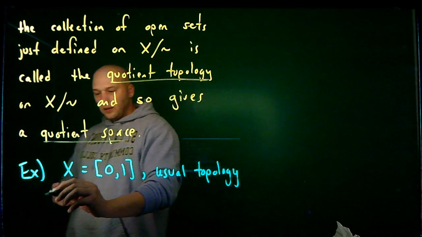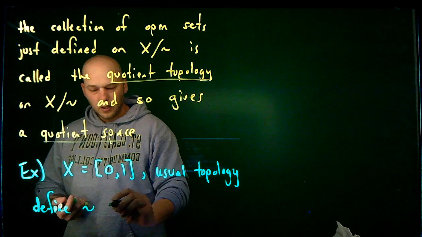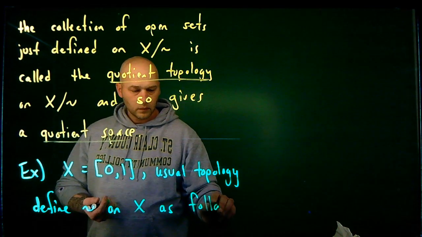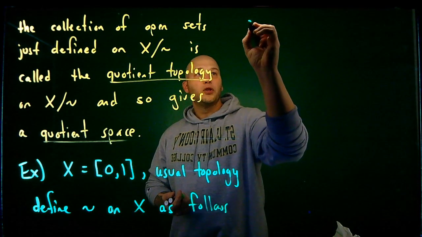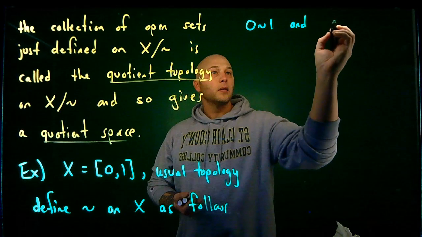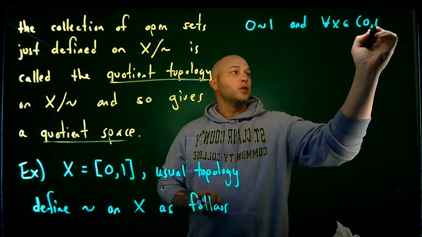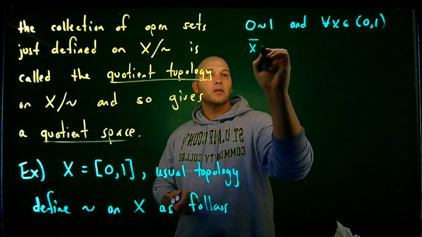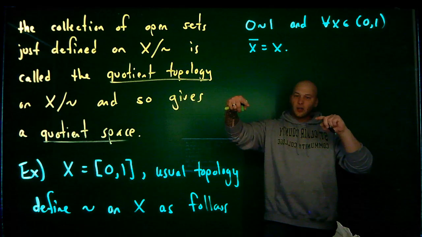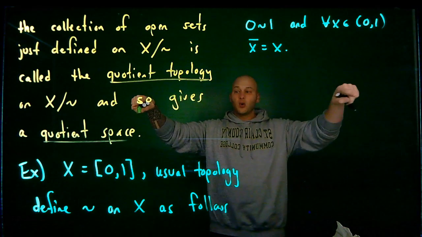And let's define the equivalence relation tilde on X as follows. 0 is equivalent to 1, and for every x in the interior of 0 to 1, the equivalence class of x is just x itself. So everything in the interior is equivalent to only itself. The boundary points are equivalent to each other.